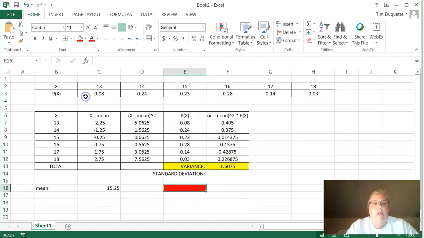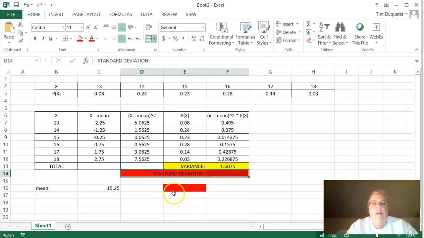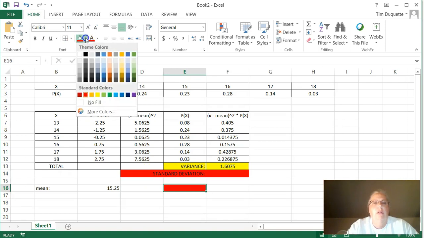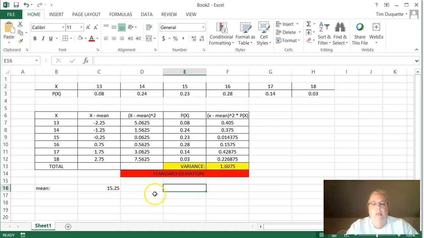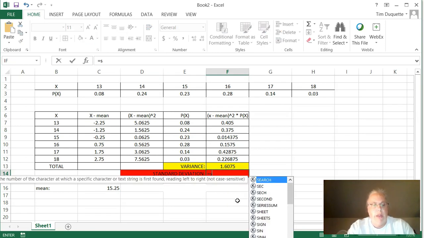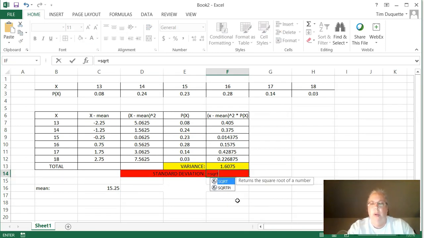Okay, and so my variance right here, and the next thing I'm going to do is figure out what the standard deviation is. I'm going to put that one right here. So in this cell, remember the standard deviation is just the square root of the variance. And so we're going to SQRT, this is square rooting, that cell, which is F13.